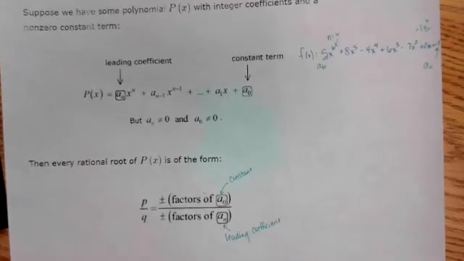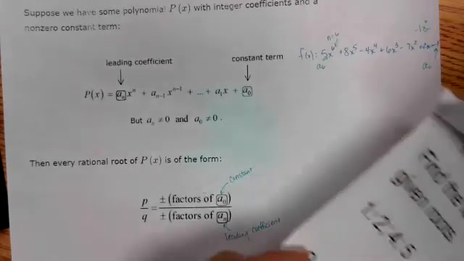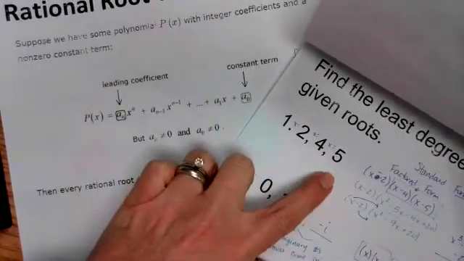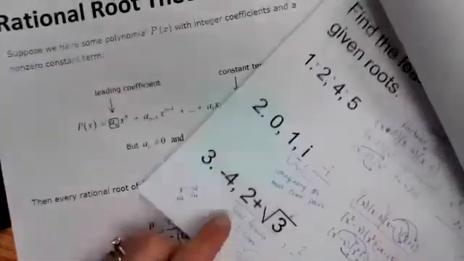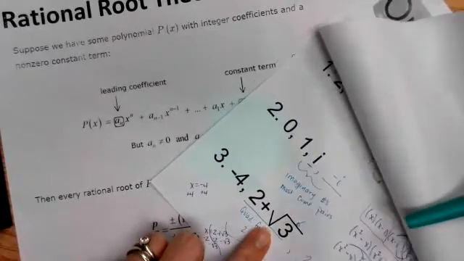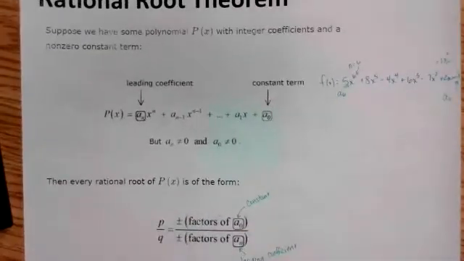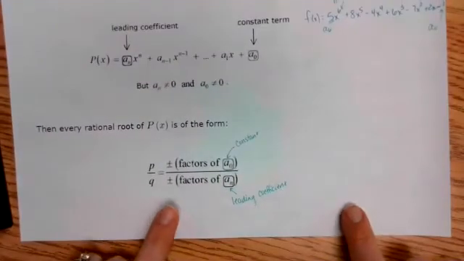By rational roots, I mean roots that can be written as a fraction, like 2, 4, 5, 0, and 1, but not negative 4, and not 2 plus a square root of 3. So this will only show you rational, real solutions that can be written as a fraction.